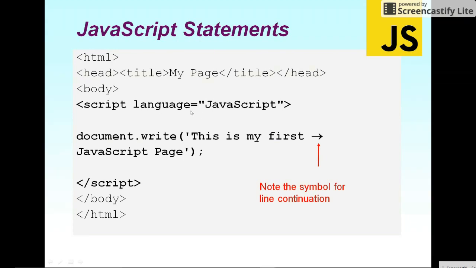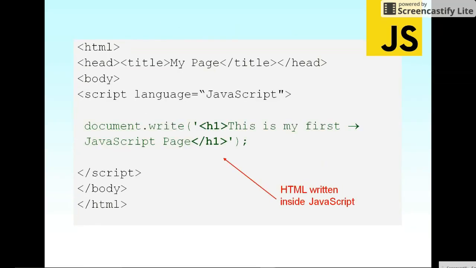We have to declare the JavaScript. If we are using an external JavaScript .js file, then we have to declare it in the head section and perform its logic in the body section or elsewhere. As you can see, this is the symbol for line continuation, but it is not generally used. So move further.